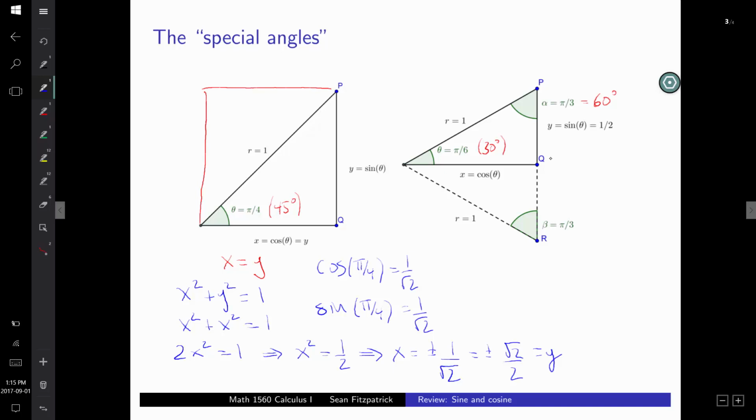So what I've done here is I've taken this angle which has pi over 6 in one corner, pi over 3 in the other corner, and of course the right angle in the remaining corner.